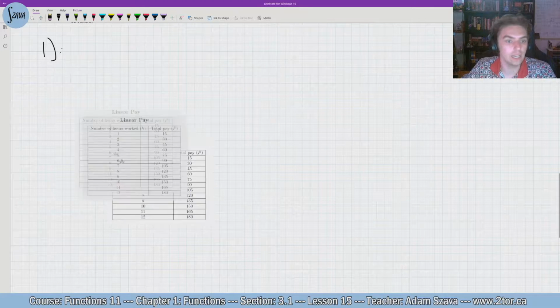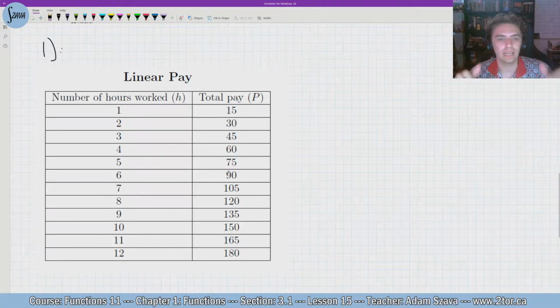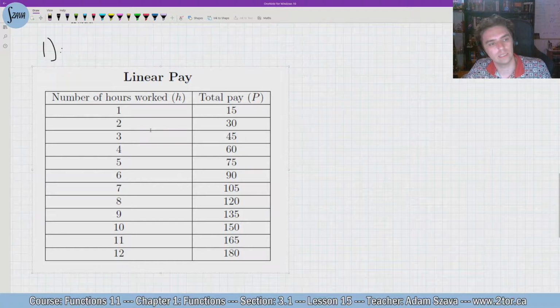This is what's called the linear pay. It's linear because, like I just discussed, for every increment in the independent variable, the number of hours you work, the dependent variable, the total pay, goes up by some constant amount. Notice we're going up by $15 every time you work an extra hour.